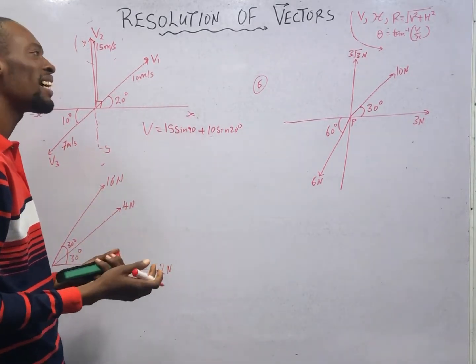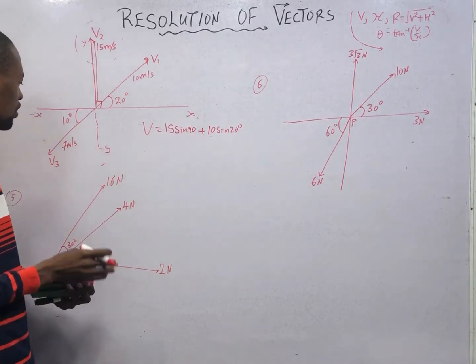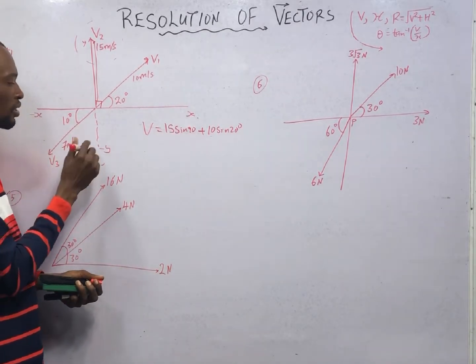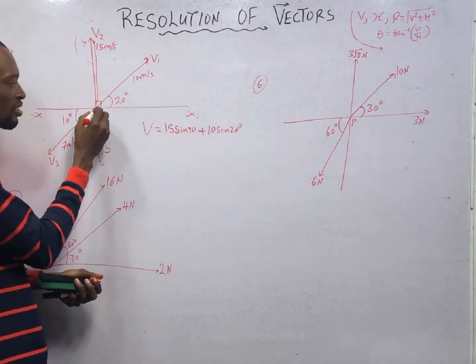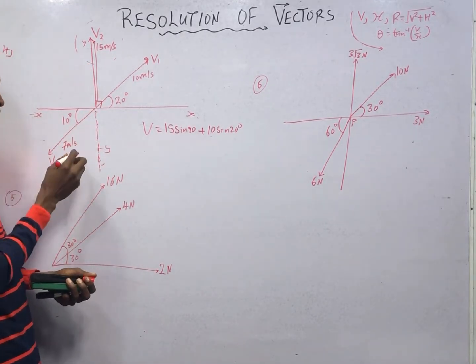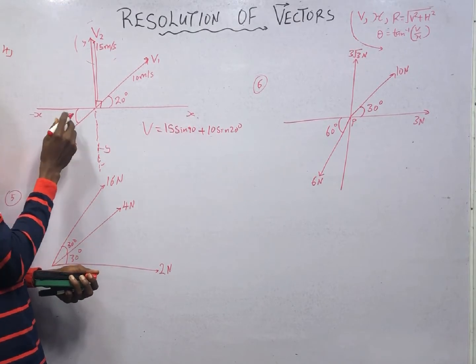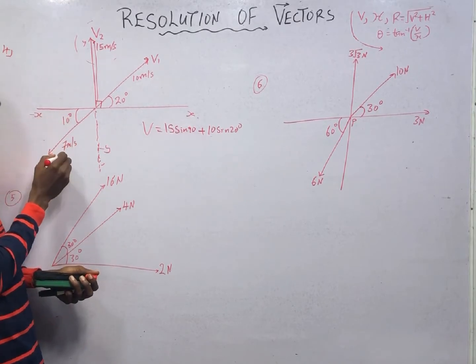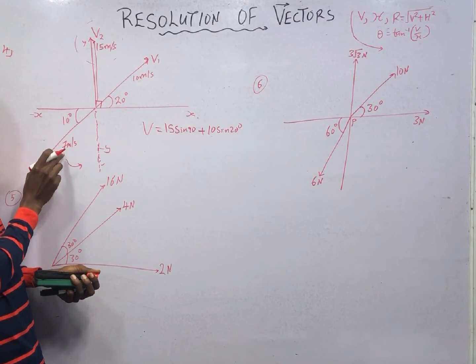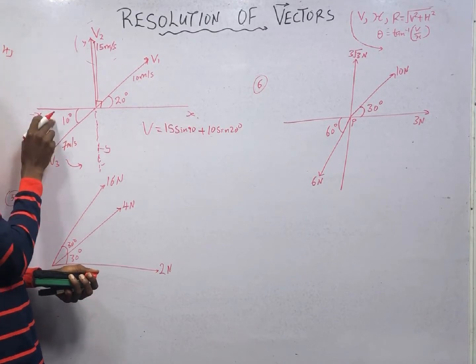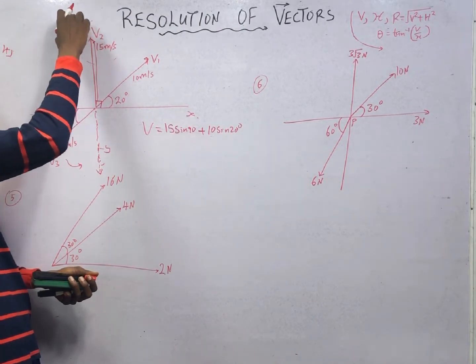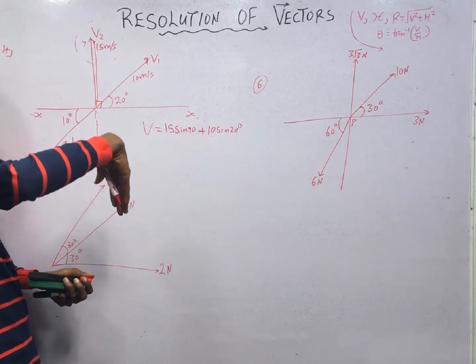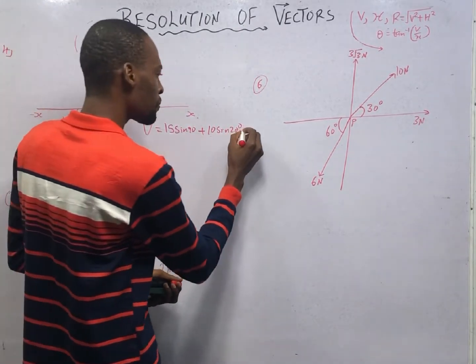Then, what other vertical component do we have? We have here 7 meters per second, and we can either resolve it to here or to here, but let's resolve it to here. Resolving to here, we are opening up this 10 degrees. So opening up, it becomes 7 sine 10 degrees. But it is in opposite direction to this. Instead of plus, it becomes minus.